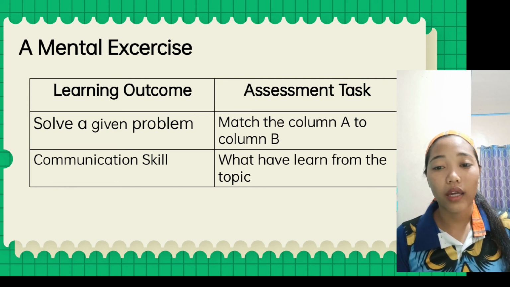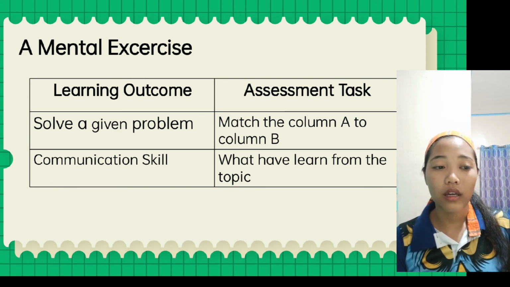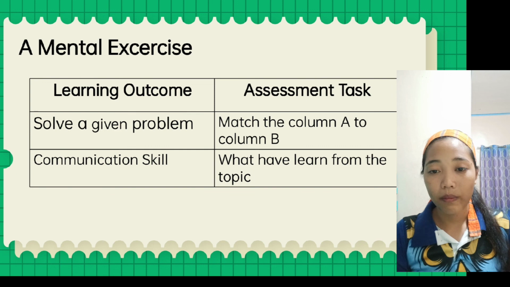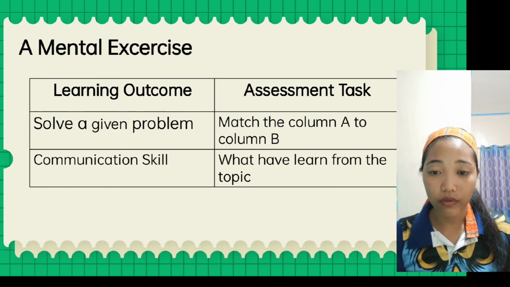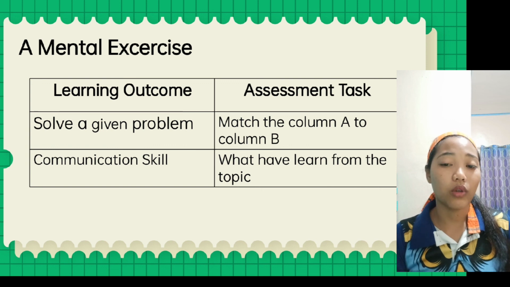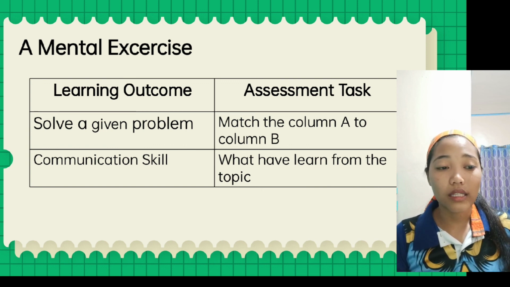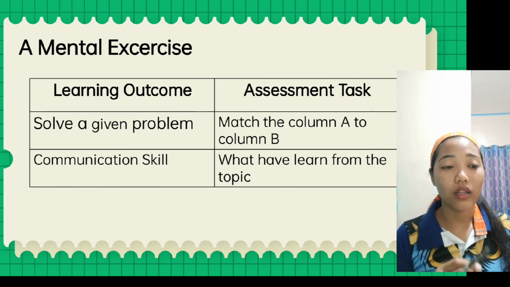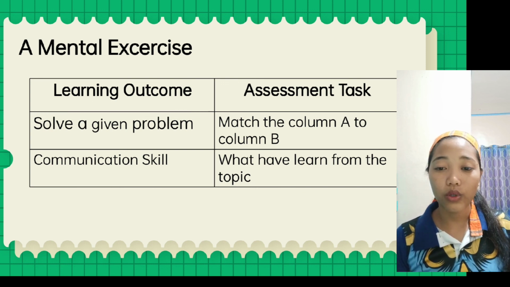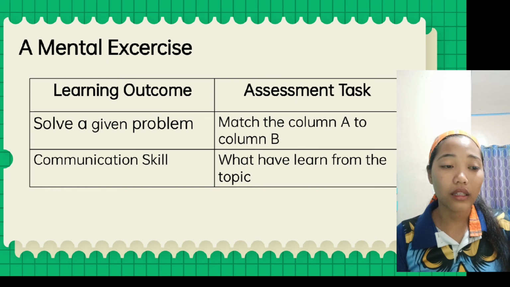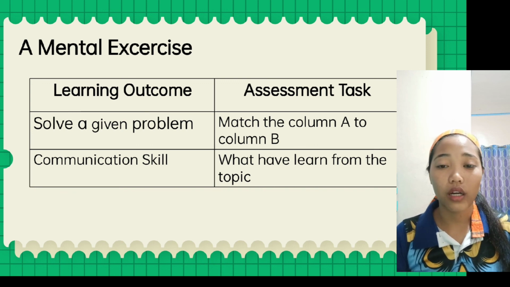By that task, the students will perform what they have learned from the discussion, which is the communication skills. By that task, the task is aligned to the learning outcome. So you will align the task to the learning outcome.